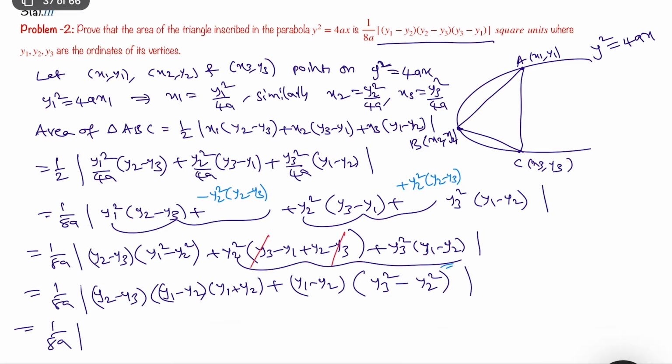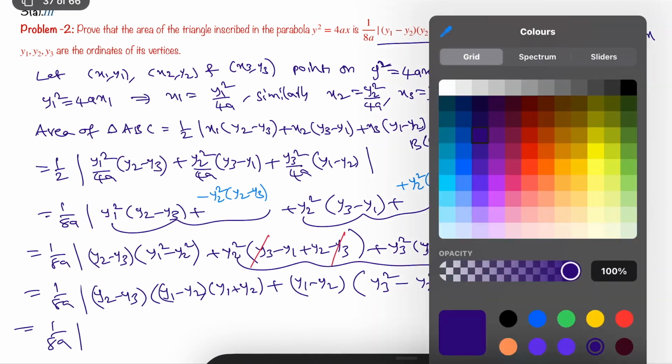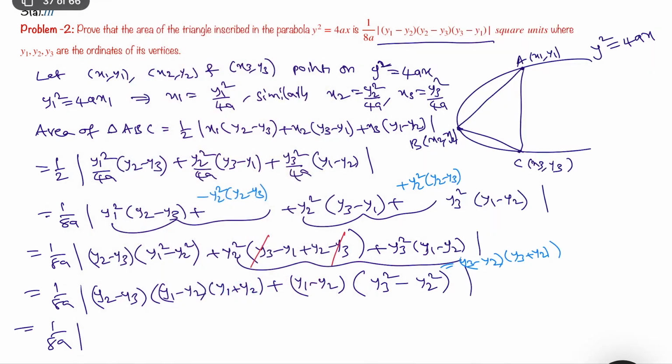Again this we can write as (y3 minus y2) times (y3 plus y2). So if I take (y2 minus y3) times (y1 minus y2) common, then we have y1 plus y2.